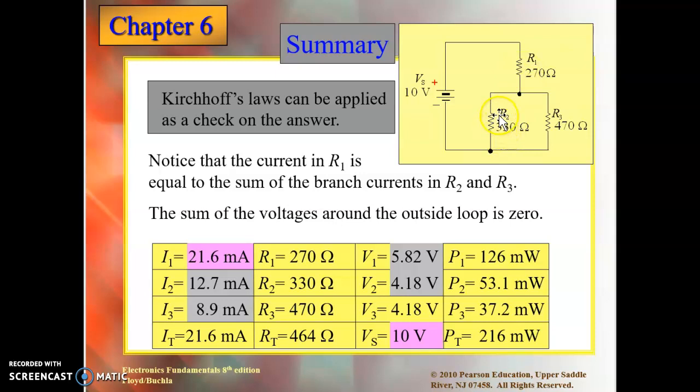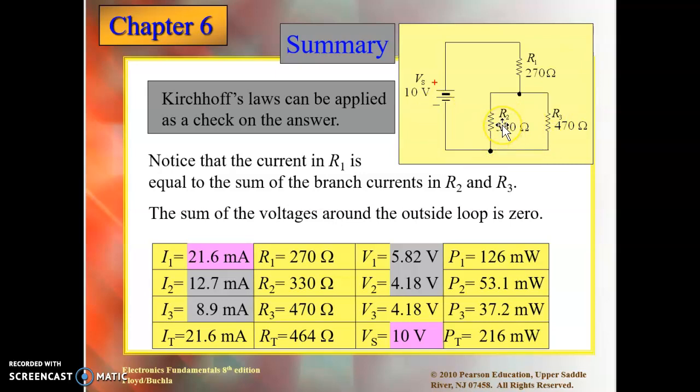I2 and I3 have to add up to I1, because the current comes here, some splits this way, some splits that way, but then at this point right here, this current comes in, this current comes in, and they add up into I total.